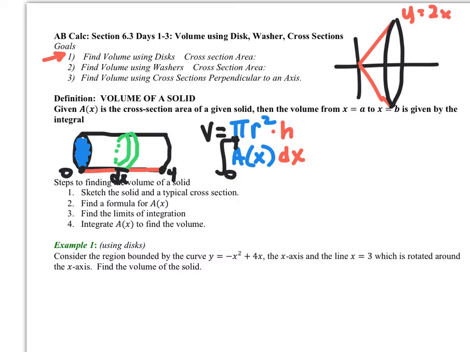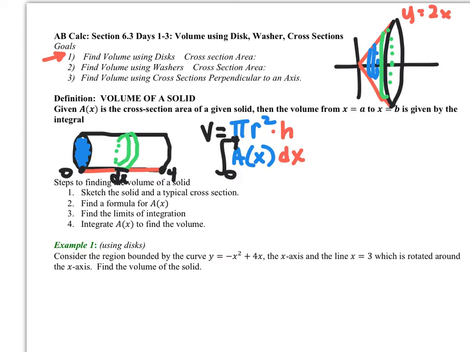You can imagine that's the base of the cone, but I get these small discs, right, with a width of dx. And as we add up all these discs, we end up getting the volume of the revolution of f of x.